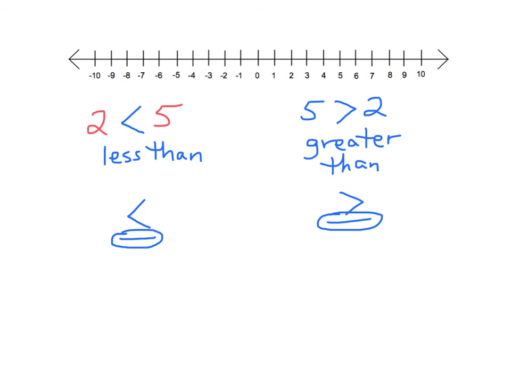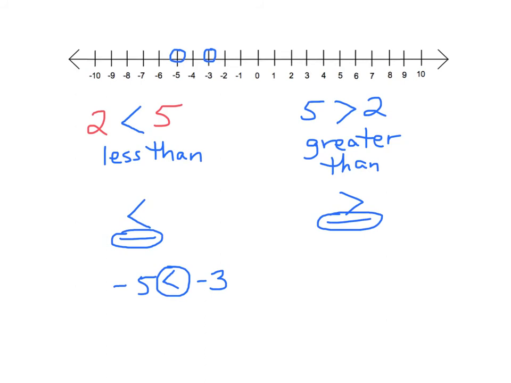So if I have something like -5 and -3, and I want to put the correct symbol in between those two, well, -5 is less than -3 because -5 on a number line is further to the left of -3.